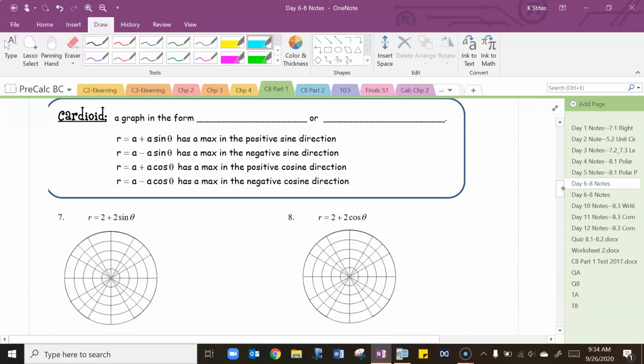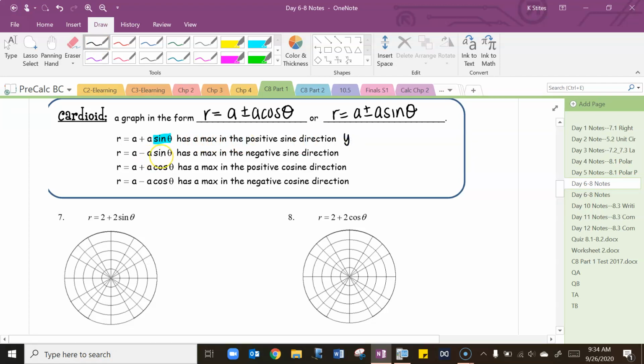All right, so next we have something called a cardioid. A cardioid is a graph in the form of r equals a plus or minus a cosine theta, or r equals a plus or minus a sine theta. If you have a plus a sine theta, you have a max in the positive sine direction, sine meaning y.